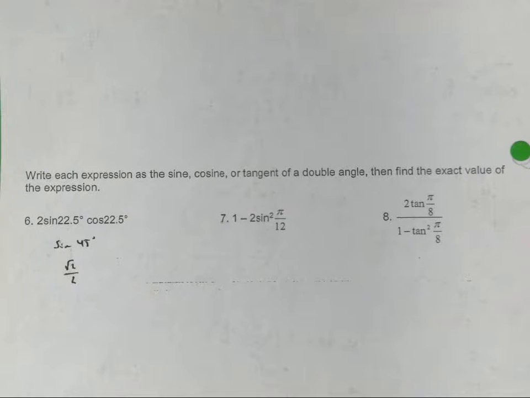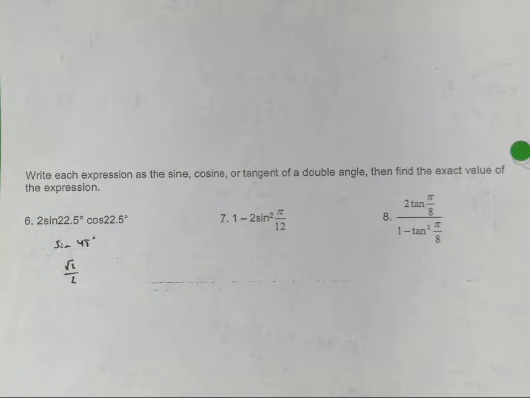What now? You're just doing that one. Well, no, because you had to match it up with which one? Sine. That's not the cosine double angle formula, so you would not do cosine here. On number 7, which one of those looks like this?